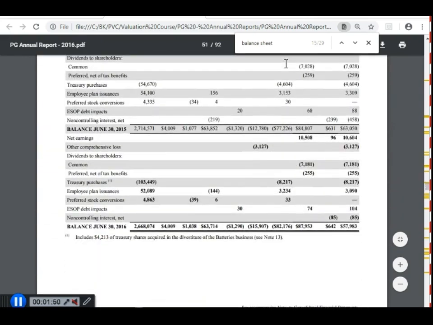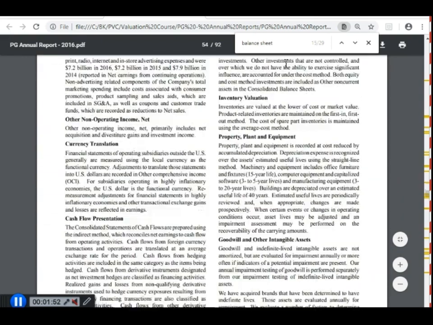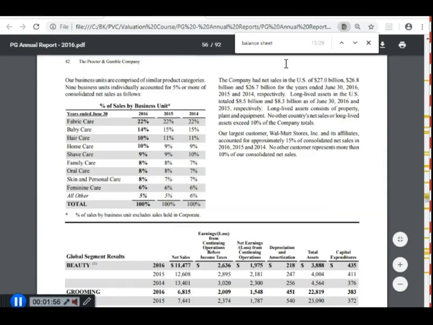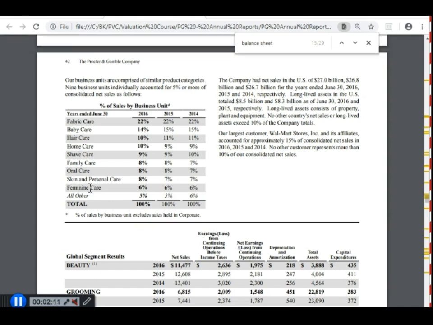is read through all the details that are there in your annual reports. In those details, we can find out percentage sales by business unit, how much is fabric care, baby care, hair care, shave care, family care, oral care, skin care. Secondly, we can also find out the geographic split that we did at the start.